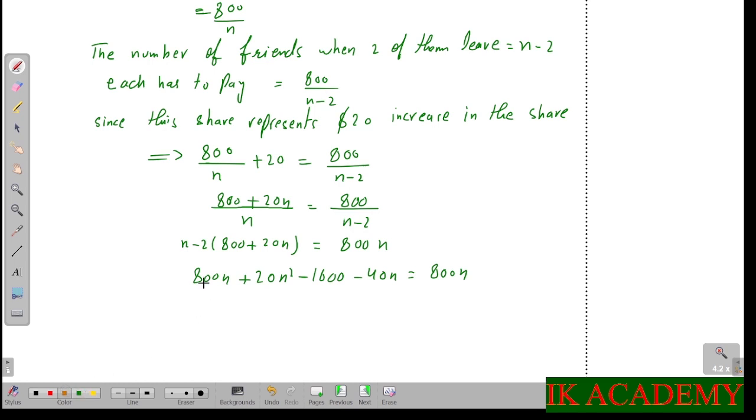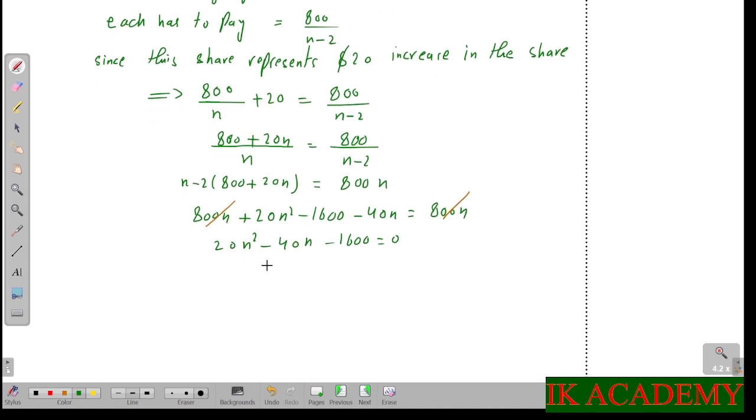So 800n and 800n cancel each other. Here we have 20n square minus 40n minus 1600 equal to 0, which is quadratic in n.